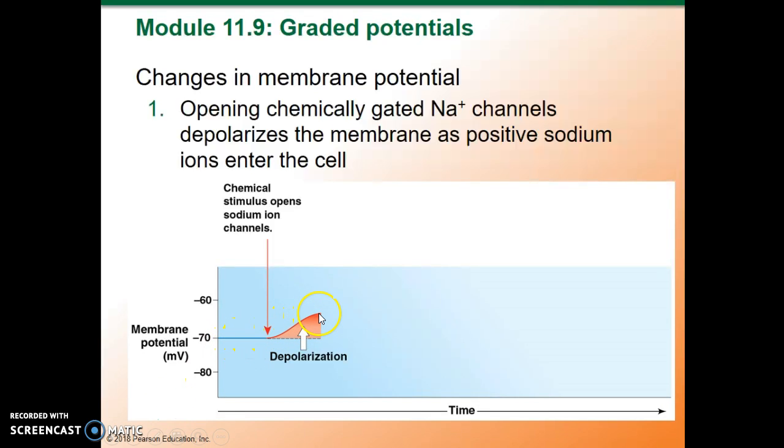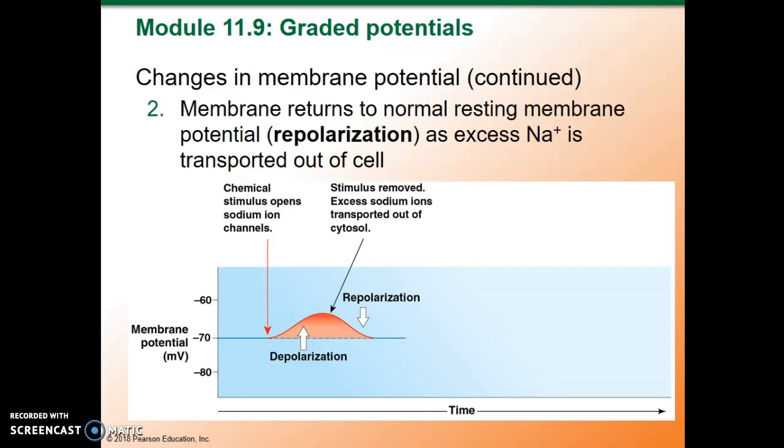Here it looks like about negative 65, and this is because the sodium ions enter the cell. When that stimulus ends, the membrane is going to return to normal, because those excess sodium ions in the cell are transported back out of the cell. So this return to normal to the membrane potential of negative 70 millivolts is called repolarization.